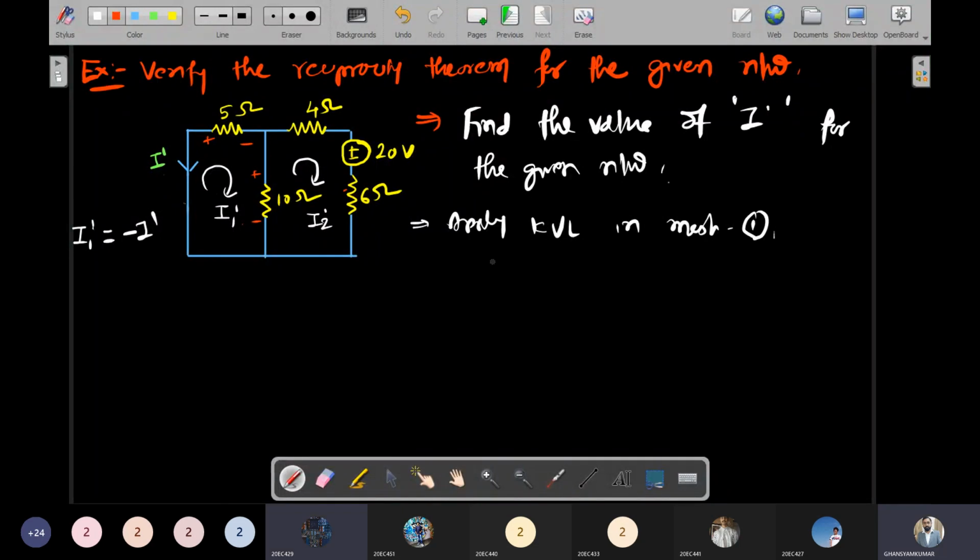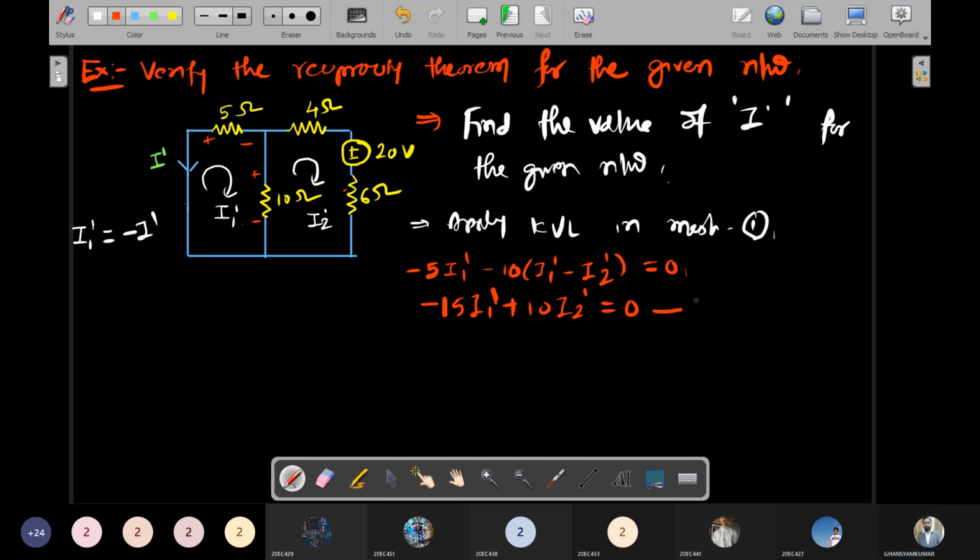Minus 5 I1 dash minus 10 times I1 dash minus I2 dash, correct? That is equal to 0. So we just simplify this one. You say minus 15 I1 dash plus 10 I2 dash equal to 0. So you take this as equation number 3.